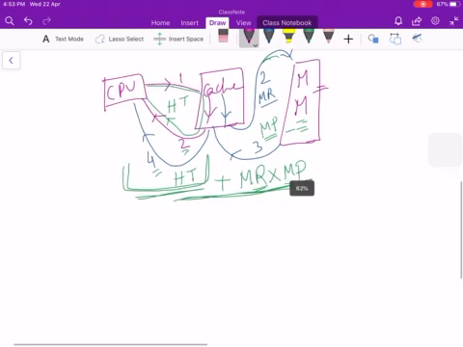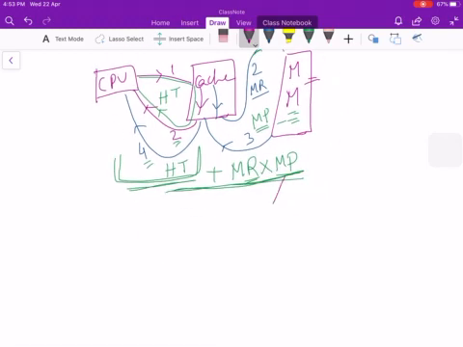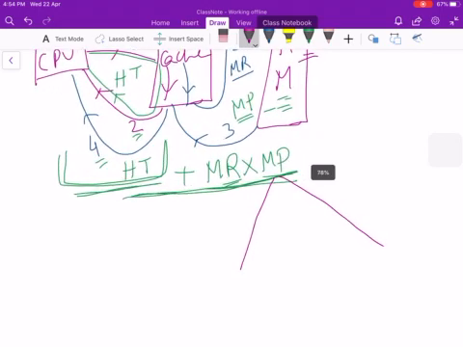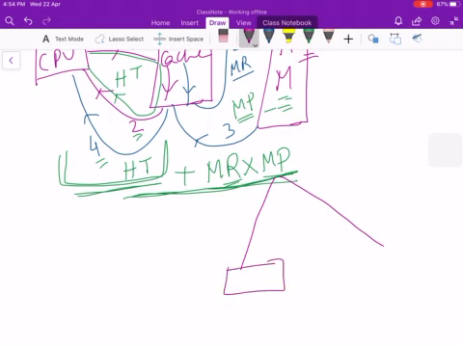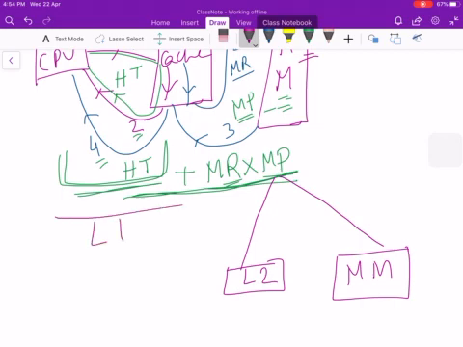Now this miss penalty happens to be something else. The first part happens to be the same. This miss penalty is again another cache, right? Let's say level 2 of cache, then the main memory. Whatever we did here for level 1 will be similar for level 2, right?